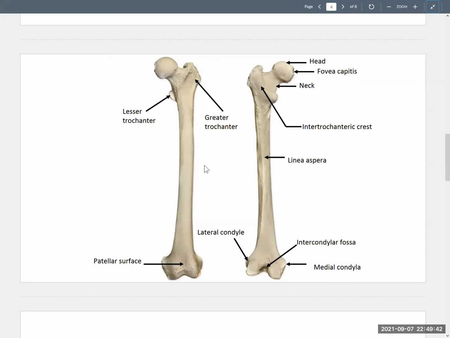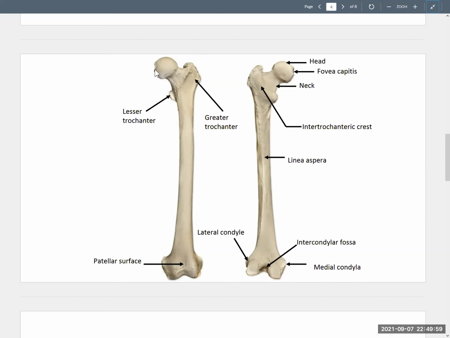How do I know? Well, first let's just take apart what we are certain of. That's the head. That's going to be the neck. Same on the other side, head and neck.